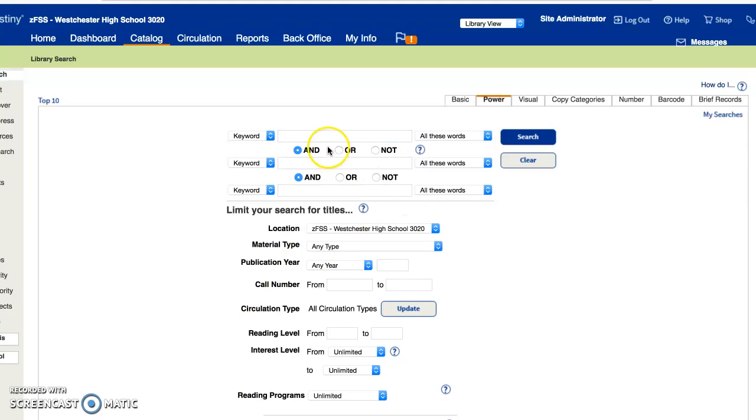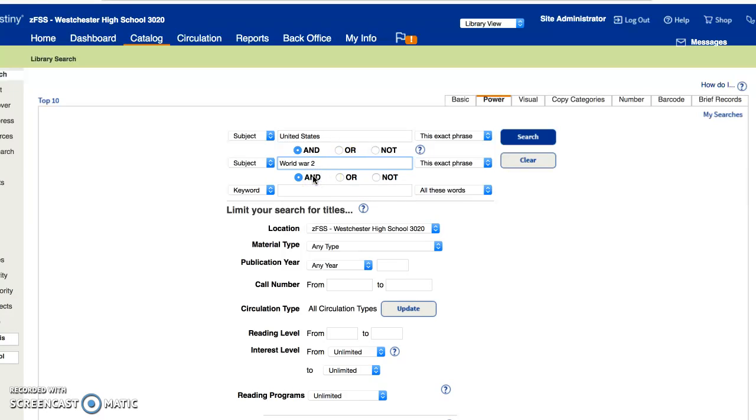The problem I had is one that might come up with you. Let's go back and start again. Subject search, United States, and we're going to use this exact phrase, remember this part, and World War II.